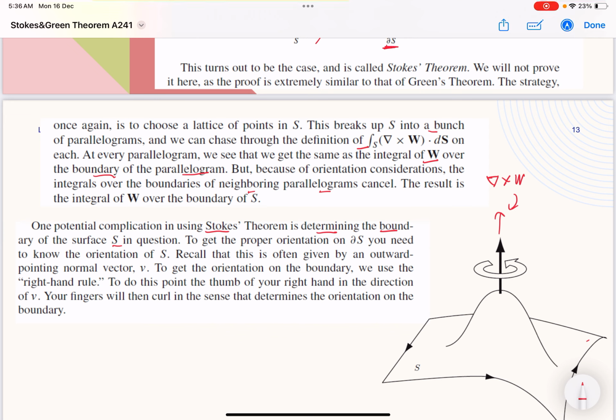To get the proper orientation of the boundary of S, you need to know the orientation of S. Recall this is often given as an outward pointing vector. So now this is your pointing vector. To get the orientation, we use the right hand rule. You use the right hand rule and point the thumb. It is just like a torque.